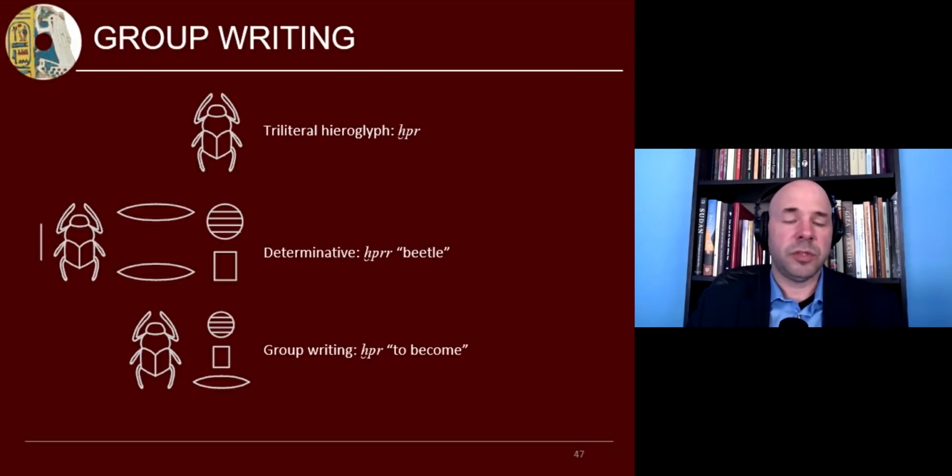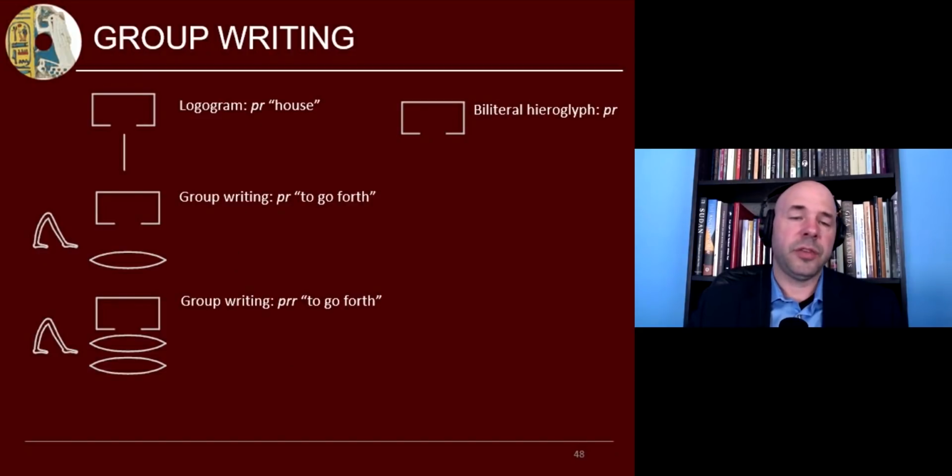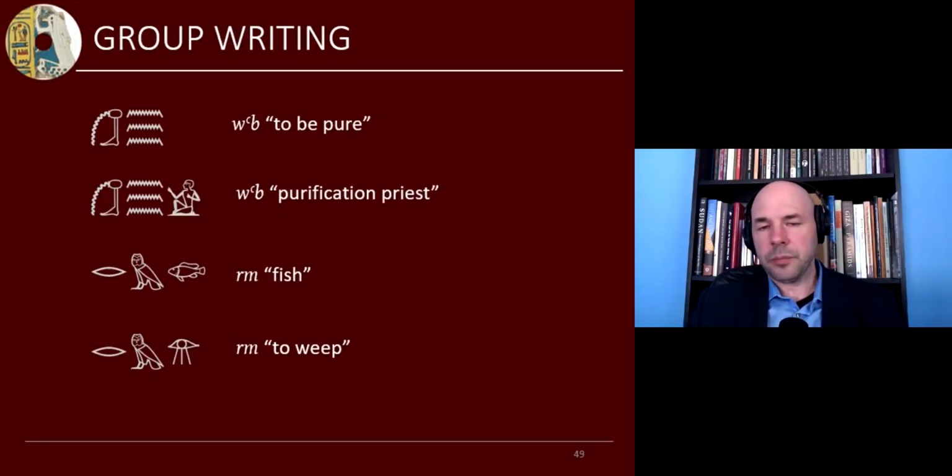And you could use that to write a word for beetle as a determinative, so Kheprer, the beetle, or in group writing, so here with the phonetic complements as the verb to become. And you see a few more examples here, the logogram pair for house, then you use it as the phonetic sign in the verb for to go forth. And this is how all of the Egyptian system really works.